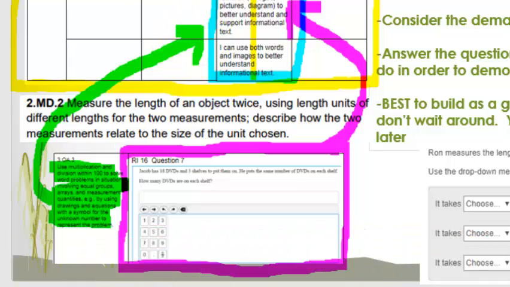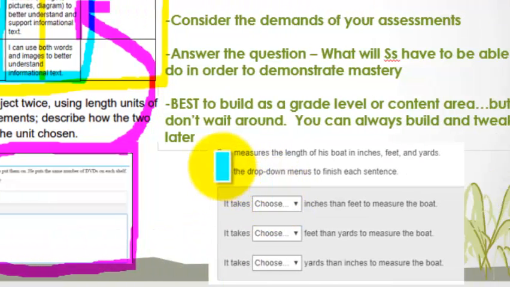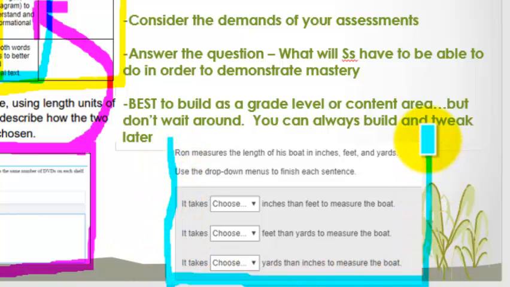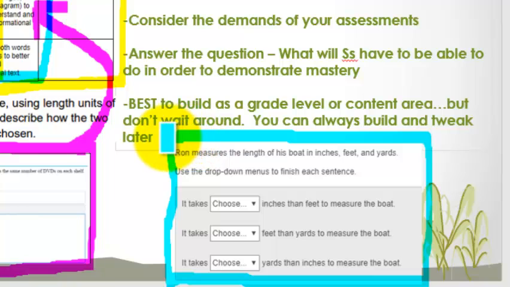And as I also shared, you want to go in and look at the assessments that you have in place. For example, in my building, we use iReady a lot, and we use standards mastery assessments. And this, what I just highlighted in teal here, this is a standards mastery test.